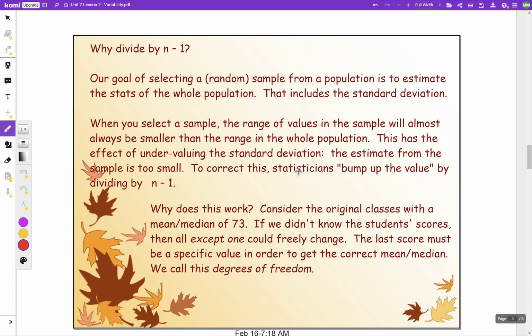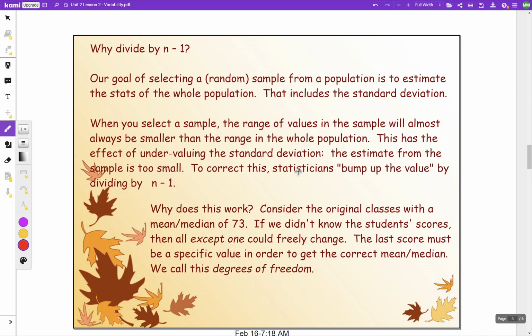Do you see why? It's because the only way to get the entire range is to select the highest and lowest points in the population. For example, think about test scores in class.